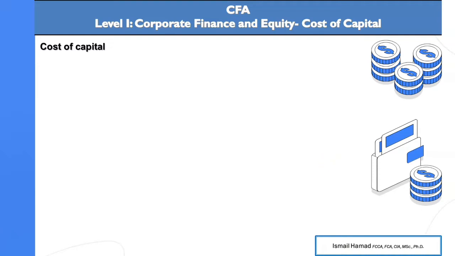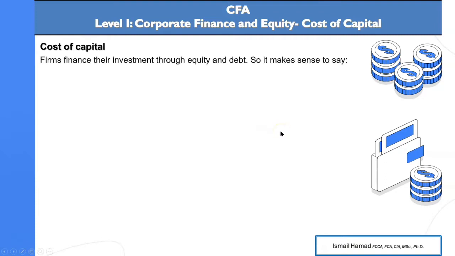We don't mean only the equity part, but capital also encompasses the debt that the company gets from lenders. So normally the company provides finance for their investment through equity and debt. This is what we mean when we say cost of capital. The capital means equity plus debt.